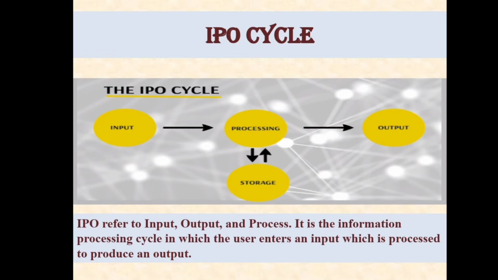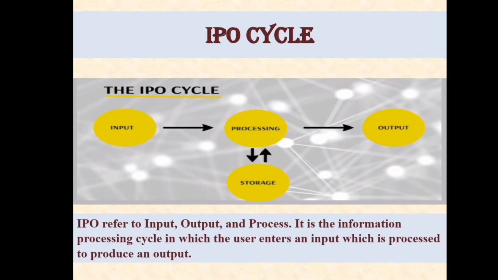Alright, now I'll explain to you what it is. Look at these yellow circles. First, input is going to processing unit. That means you are sending your data through input devices to processing unit. Now, can you see this storage underneath processing?